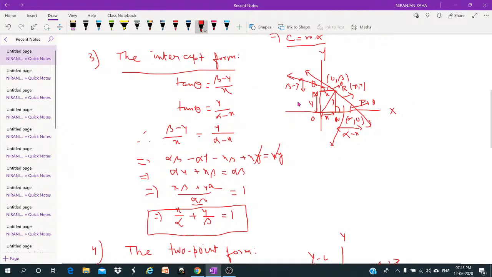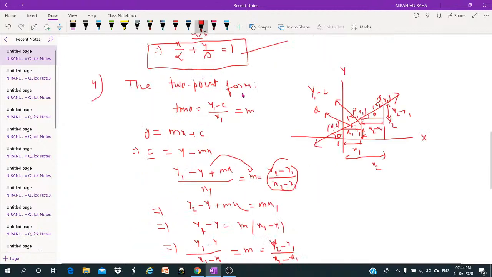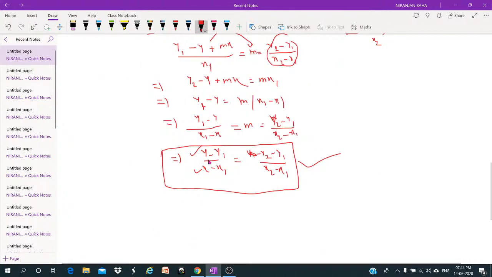And the intercept form: if the straight line intersects the axes at the points alpha, 0 and 0, beta, then the equation will be x by alpha plus y by beta equals 1. And the two-point form: if two points are given, P(x1, y1) and Q(x2, y2), the equation of the straight line is (y minus y1) over (x minus x1) equals (y2 minus y1) over (x2 minus x1).